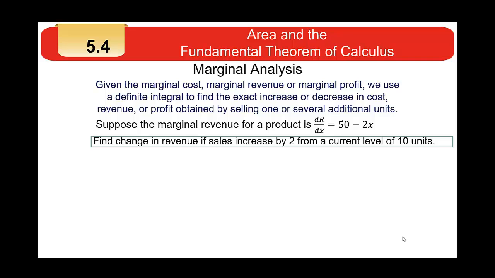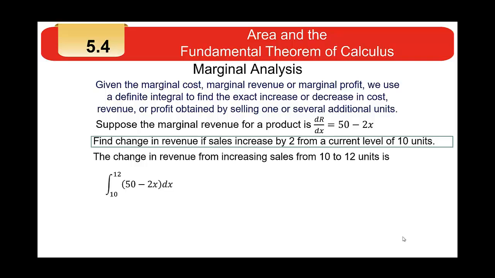What is that going to do to your revenues? Well, you're going from 10 to 12 if you're going up by 2. It's a definite integral, as I said, so you take the marginal, in this case marginal revenue, and you find the definite integral from 10 to 12, because you're at a current level of 10 and you're increasing by 2. If you're at a current level of 18, you're increasing by 5, it'd be 18 to 23.